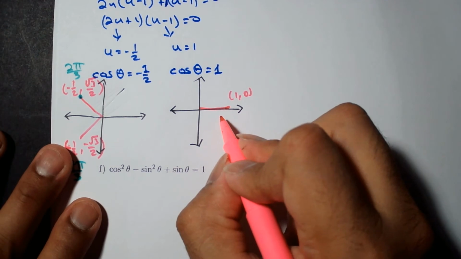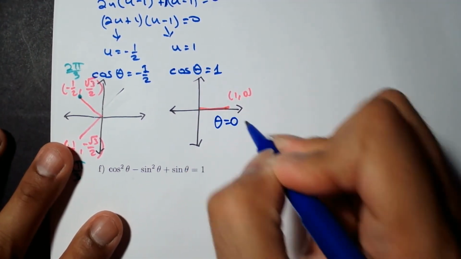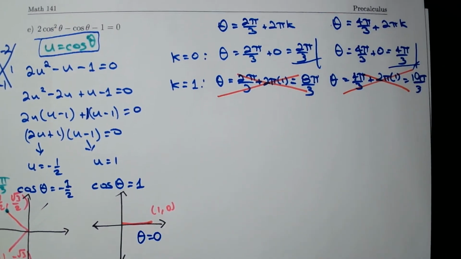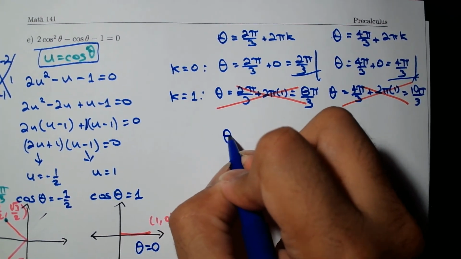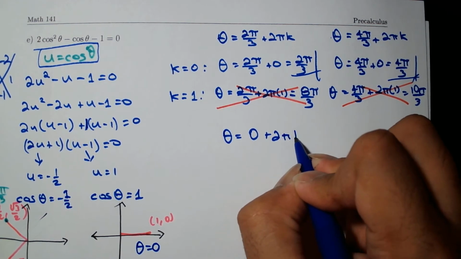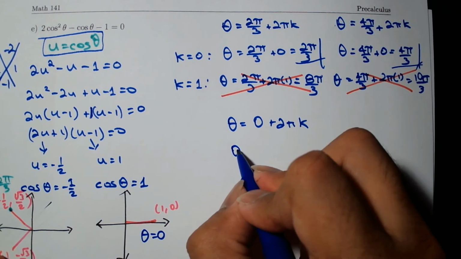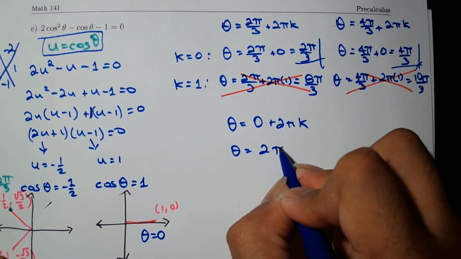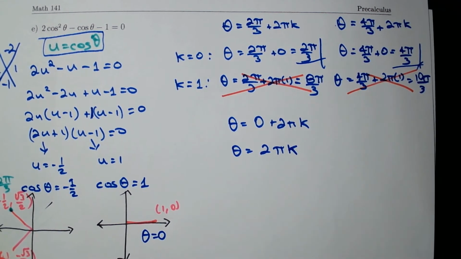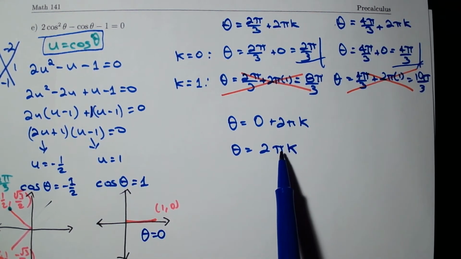So in this case, for theta equals 0, how are we going to express this one? Well, theta equals 0 plus 2 pi k, and we can reduce this to simply 2 pi k. So what are we going to have in this case? Three general solutions.